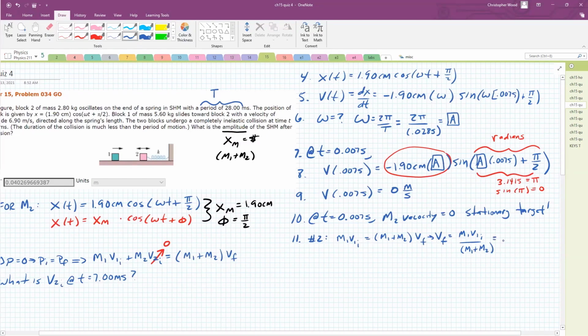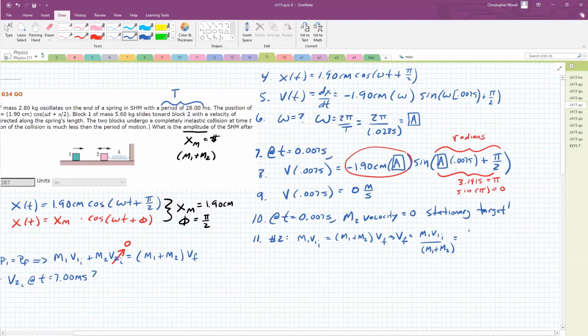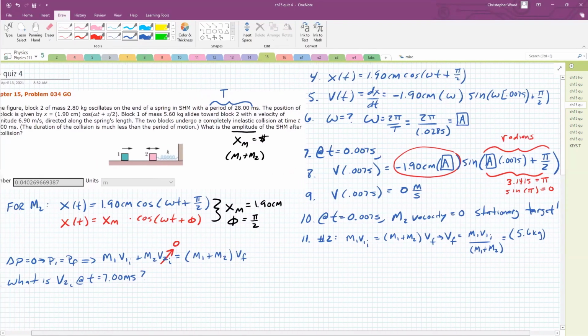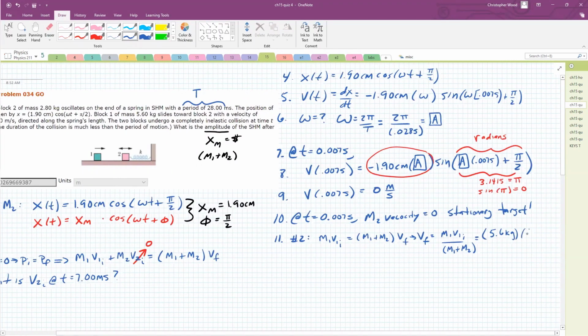And we have all these numbers, don't we? Mass 1 is 5.6. So I need to take 5.6 kilograms, multiply it by the velocity of mass 1, the incoming velocity, which is 6.9 meters per second.